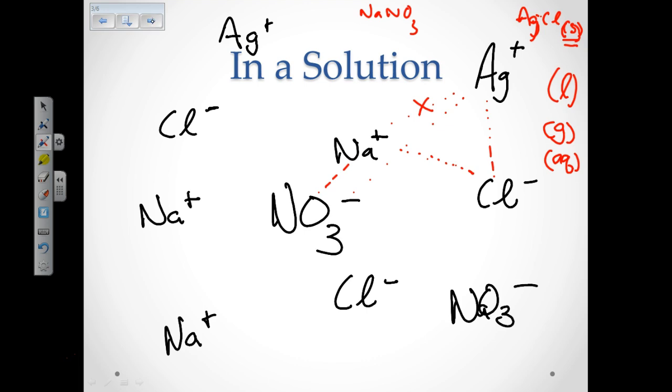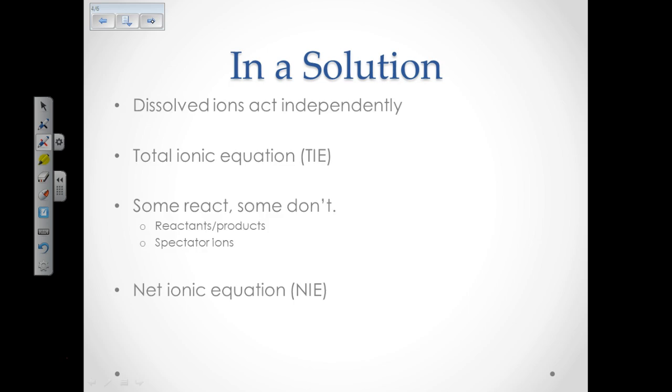Now, here are some notes that I may have alluded to previously, but I want to say them explicitly. Ions that are dissolved and soluble will act independently of each other. In that last example, sodium acted independently of chloride, which acted independently of silver, which acted independently of nitrate.